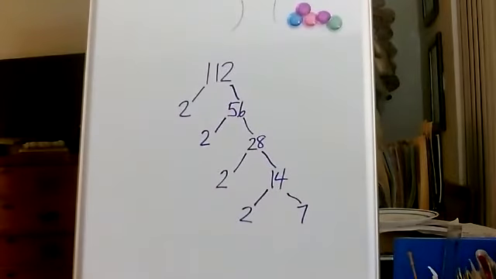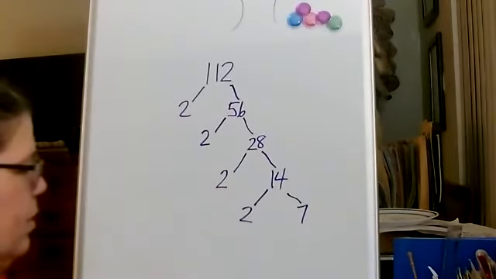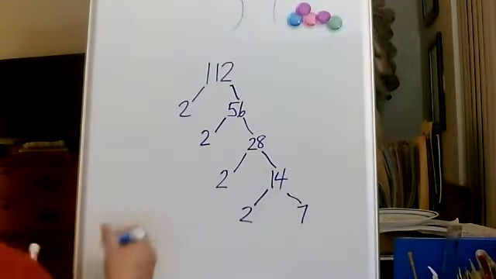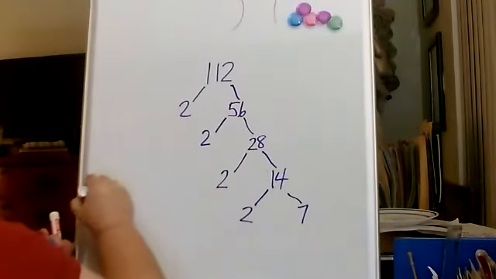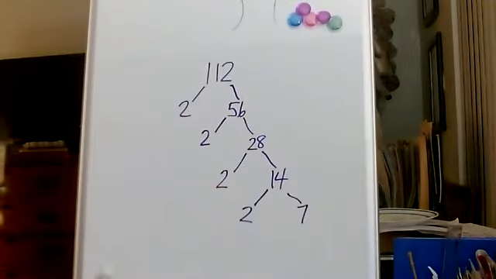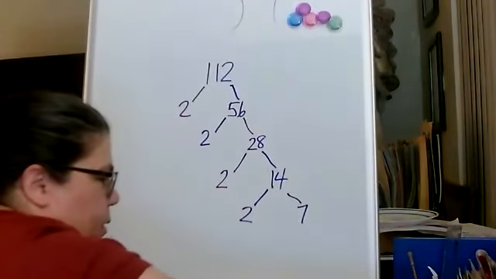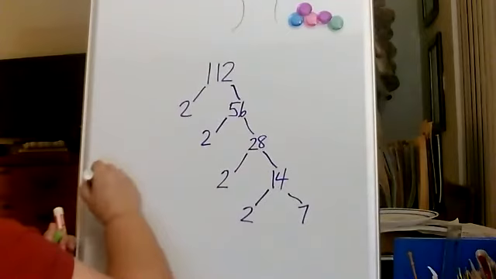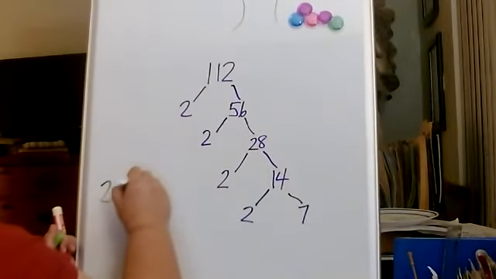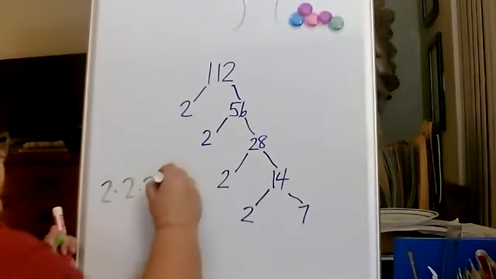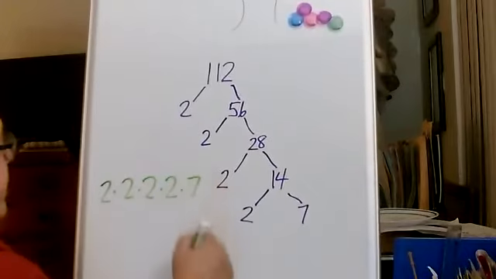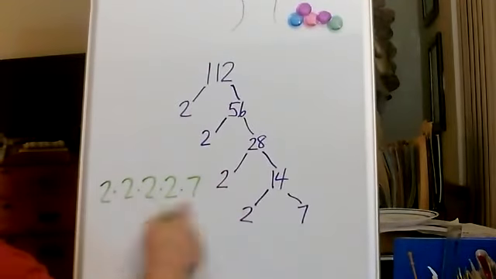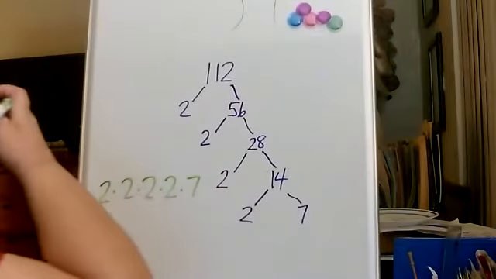So our thing adds up to 2 times 2 times 2 times 2 times 7. 1, 2, 3, 4, and then 7.